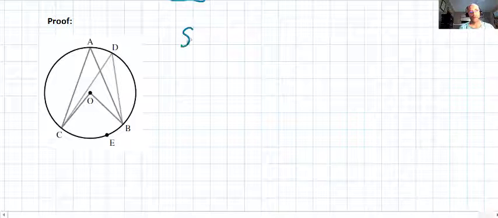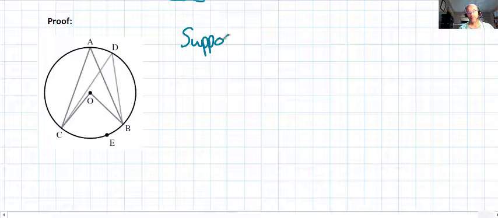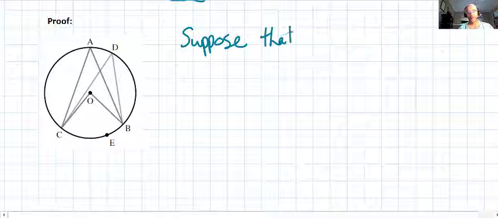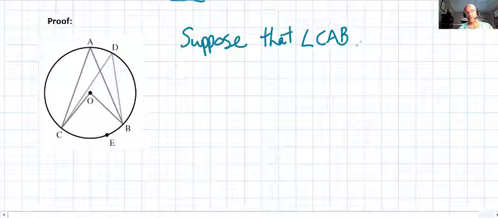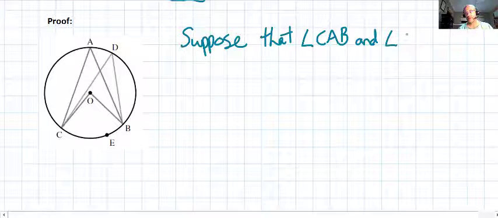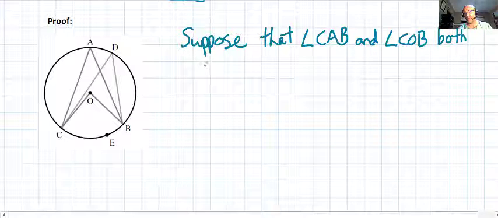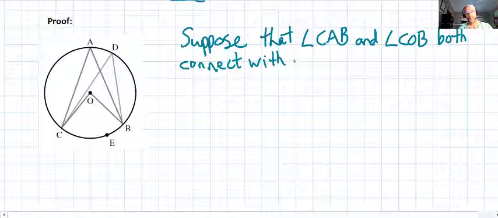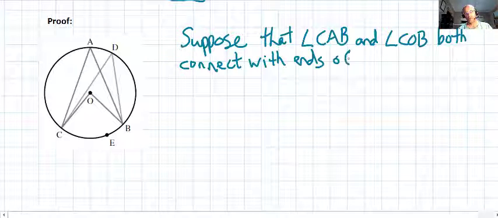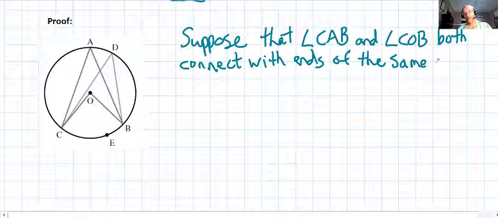So let's suppose that both angle CAB and COB both stand on the ends of the same arc, which is CEB here.